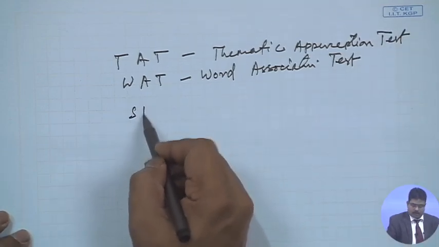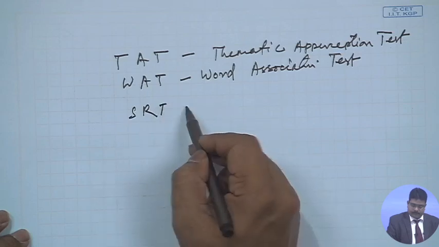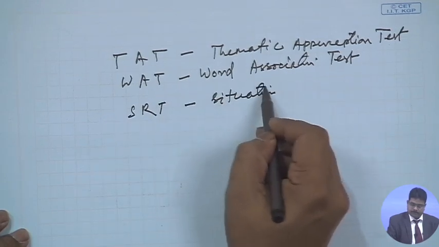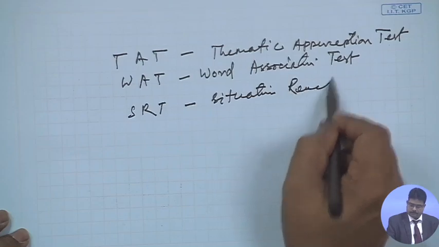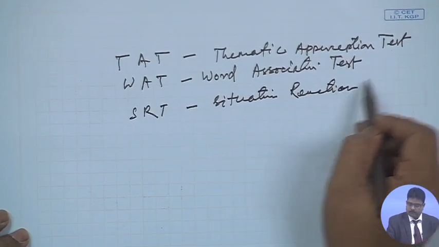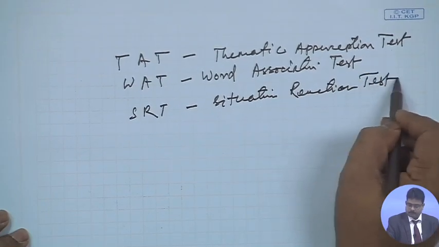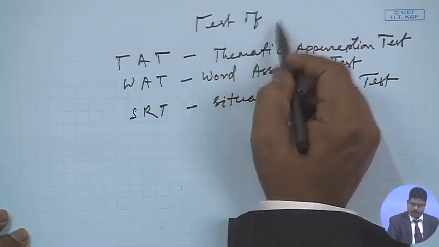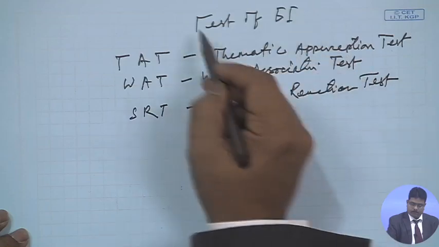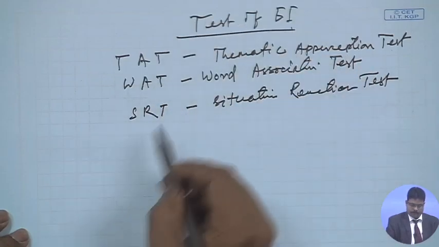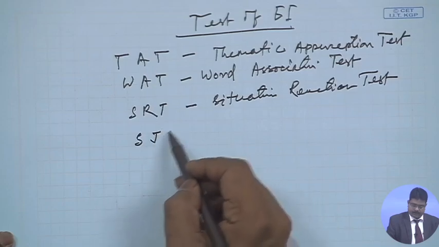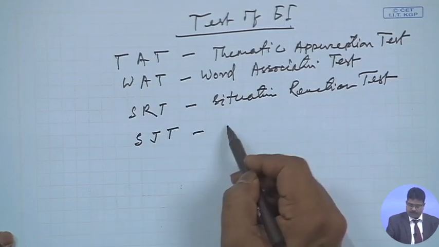The third one is called SRT, the Situation Reaction Test. There is one more called SJT, the Situation Judgment Test.